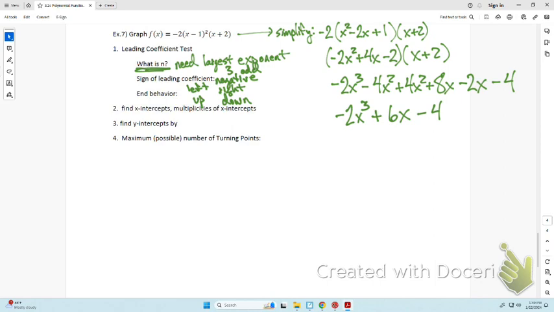My x-intercepts are pretty easy because we have x minus 1 equal to 0 and x plus 2 equal to 0. For the x minus 1, that's raised to the second power, so this one bounces. And for the x plus 2, it's raised to the first power, so it passes through.